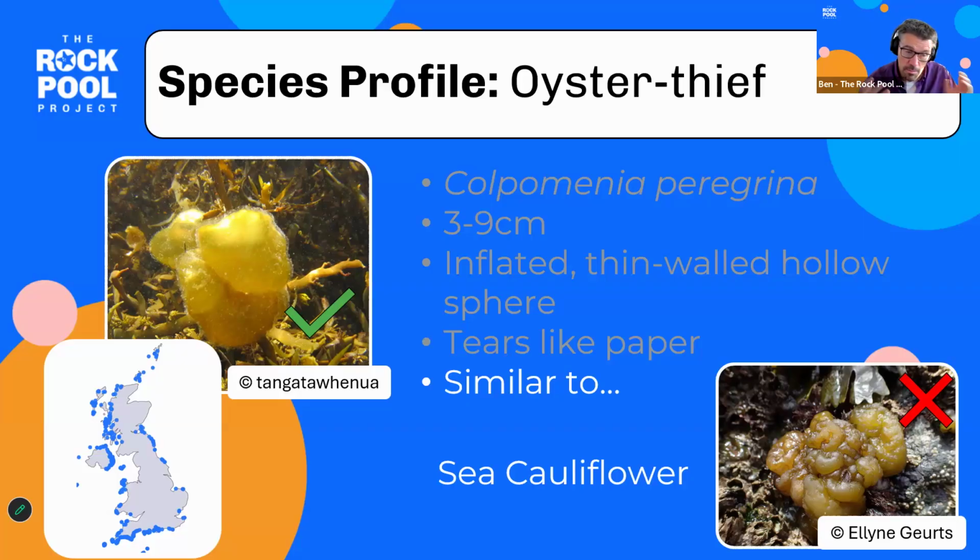And you do find them in the same place. The big difference is that whereas the oyster thief is hollow and papery, these guys are more gelatinous and squidgy if you feel them. And they don't tend to blow up quite so spherically as the oyster thief do.